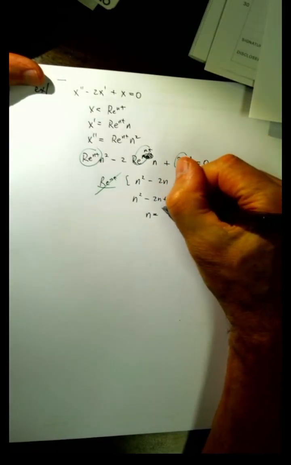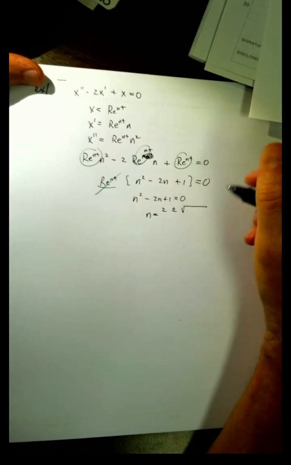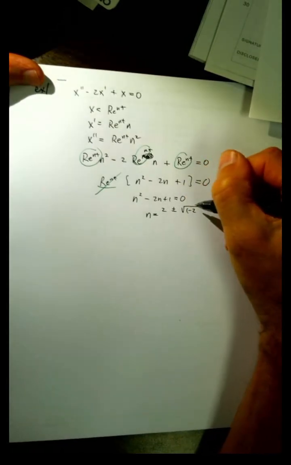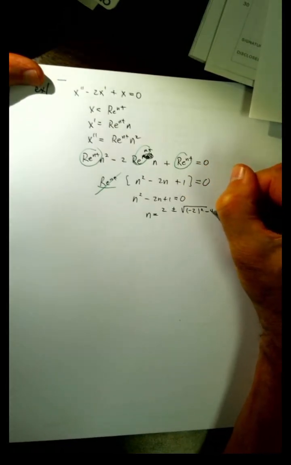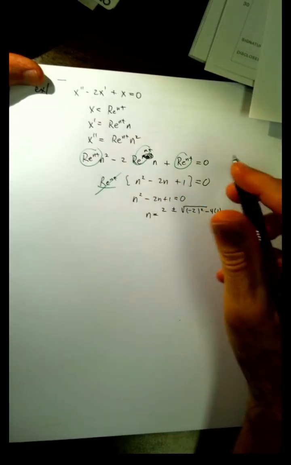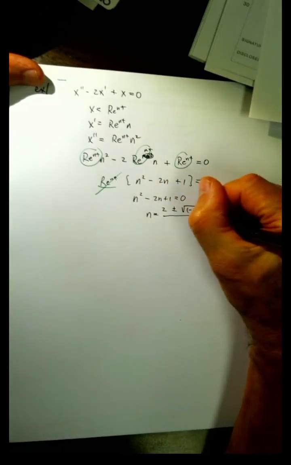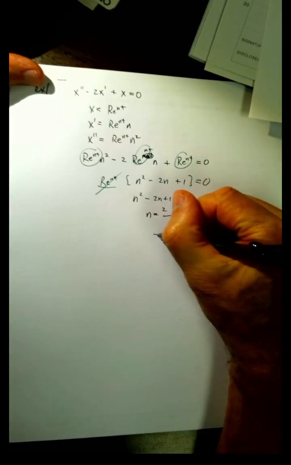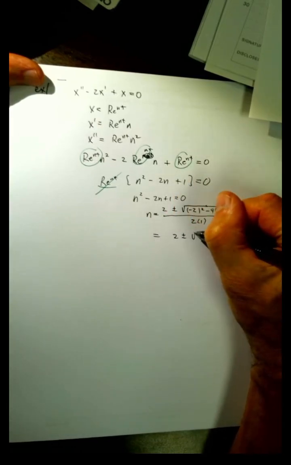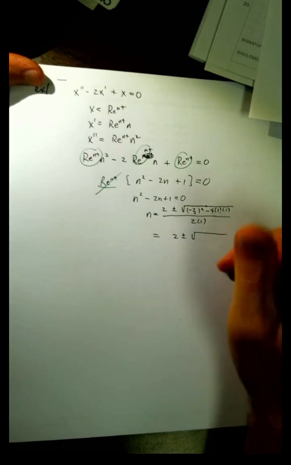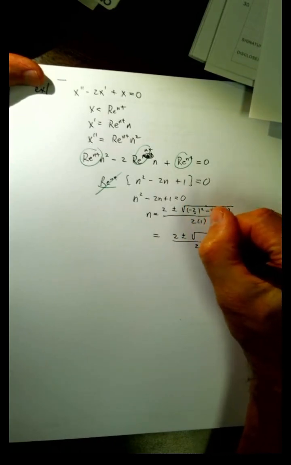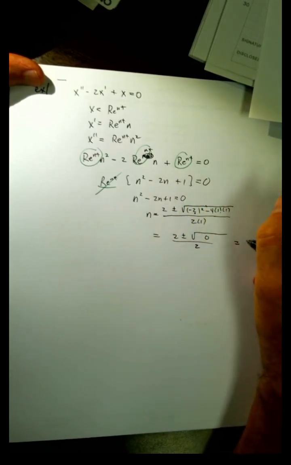I'm going to have minus a minus 2 plus or minus the square root of minus 2 squared minus 4 times the coefficient on n squared, which is 1, times 1, all over 2 times 1. So this becomes 4 minus 4 is 0 over 2, and 2 over 2 is 1.